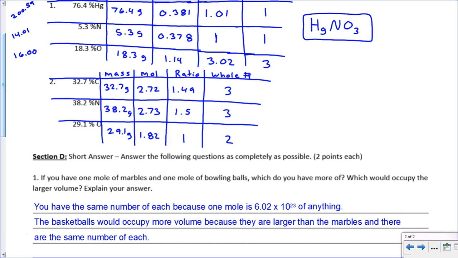Right, so anytime you get a fraction in the ratio, a decimal that looks like a recognizable fraction, you need to multiply it by the denominator of whatever that fraction is. All right, so in this case, we were talking about halves. So that means we've got a formula here of C3H3O2.